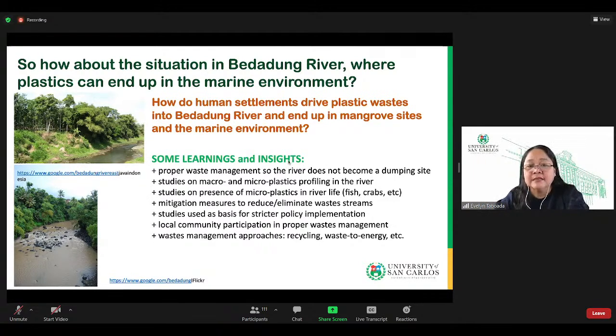No, studies on the presence of microplastics in river life, for example, the fish, the crabs, crustaceans, and whatever you can see in the river, because the fish and the crabs in the river may already feed on microplastics, the ones that degrade in time, no? And then, of course, we have mitigation measures. We need to identify and implement mitigation measures to reduce, if not eliminate, waste streams into the river.